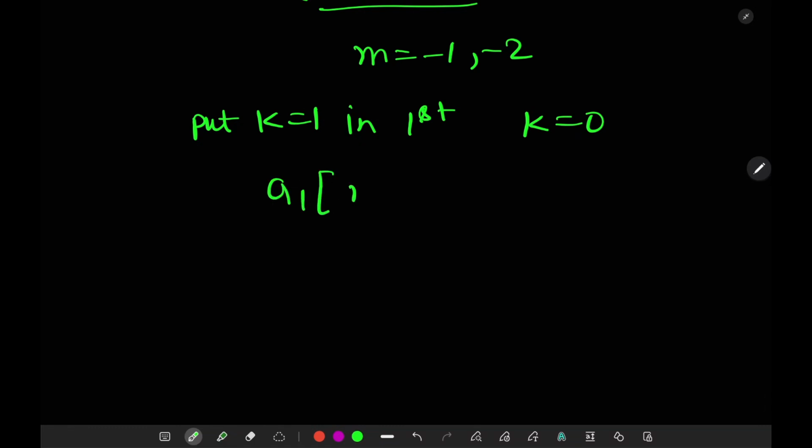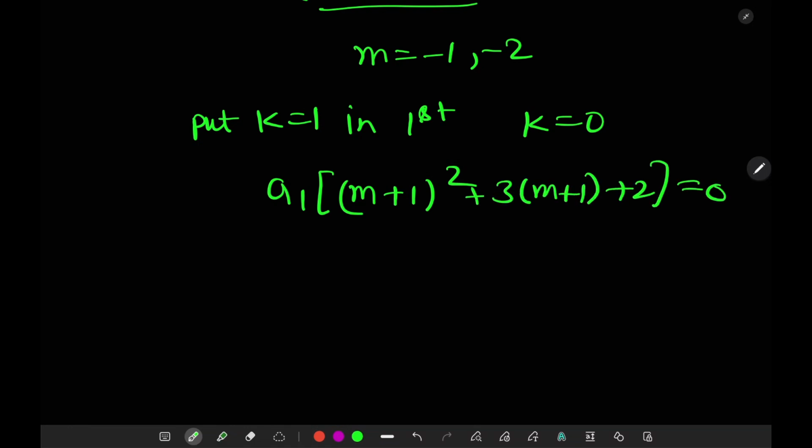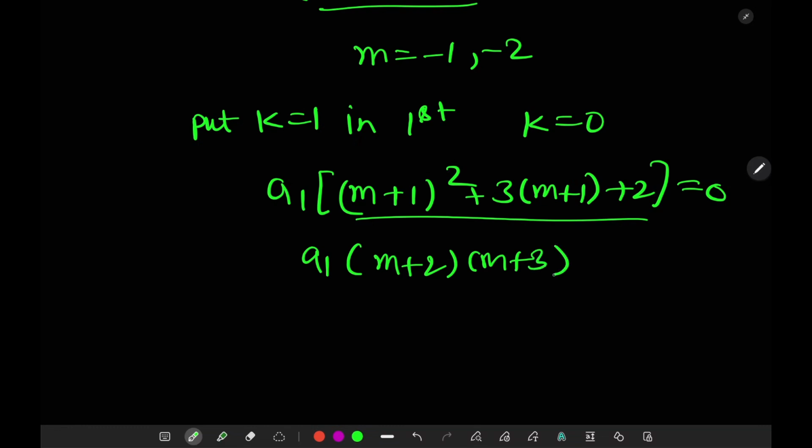So we get the value this, and a1 on solving this we get this. Now m1 and m are not equal to 0, so a1 is equal to 0.